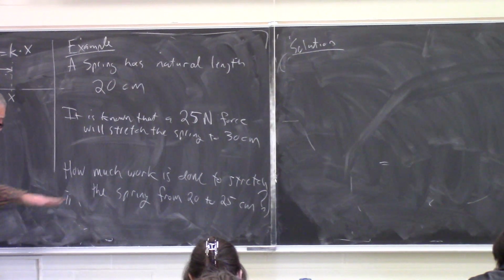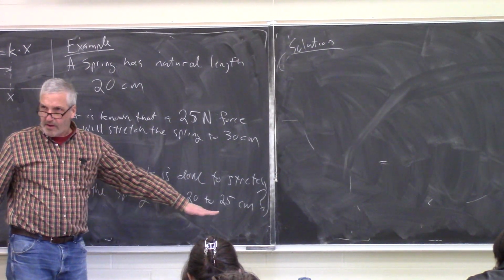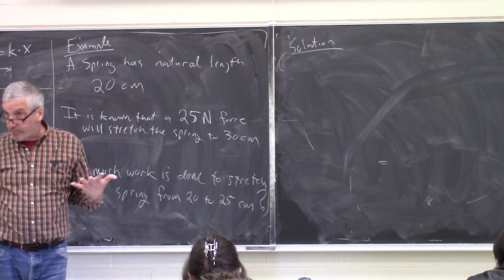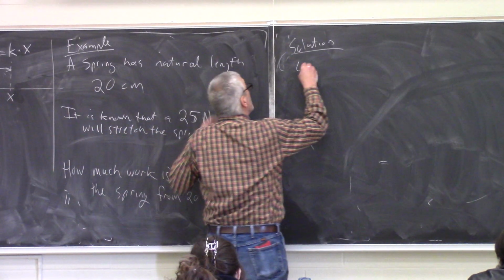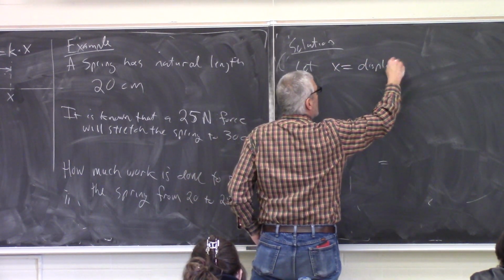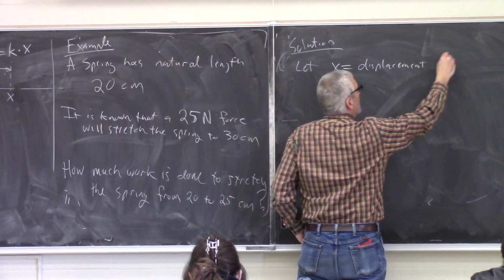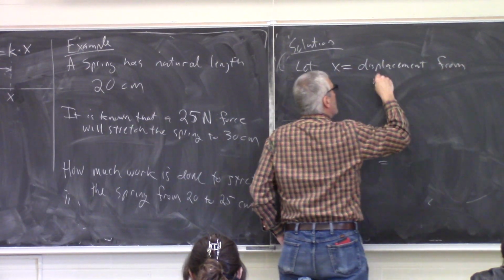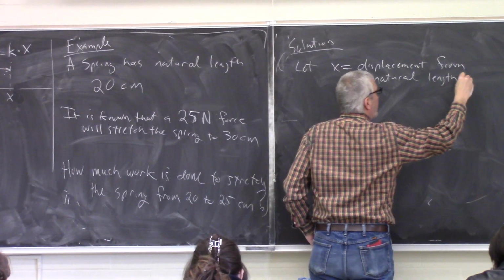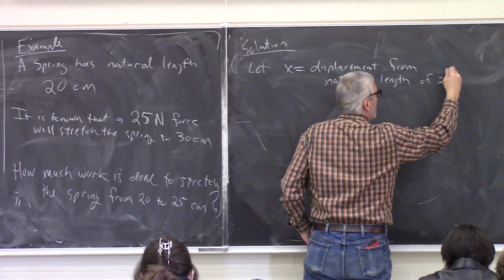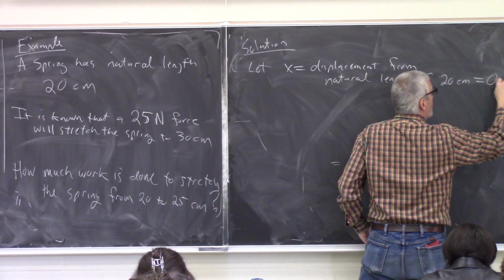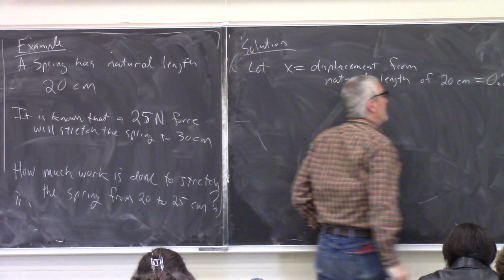Well, when we stretch the spring from 20 to 25 centimeters, what we care about is the displacement from the natural position. The natural length is 20 centimeters, which is 0.2 meters.